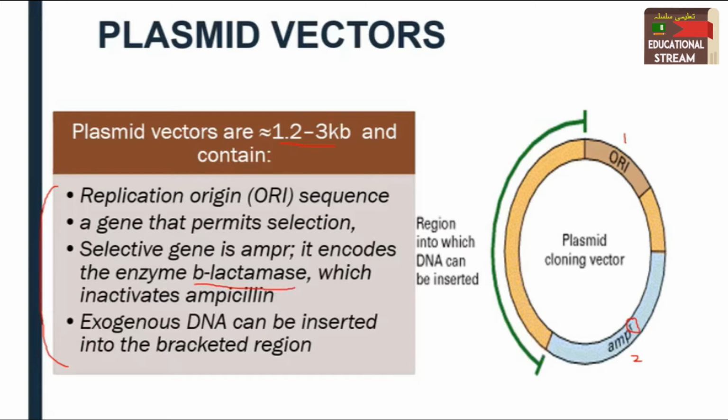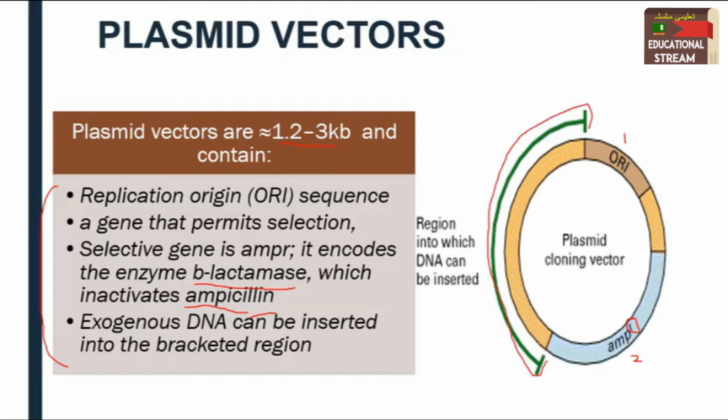So when this plasmid is transformed into bacteria, if the bacteria is susceptible to ampicillin, when it is transformed with the plasmid, it will get resistance to ampicillin due to the presence of this beta lactamase gene. This lactamase gene will inactivate the ampicillin which is provided in the media. Then you can see this bracketed region in green color from this position to this one.